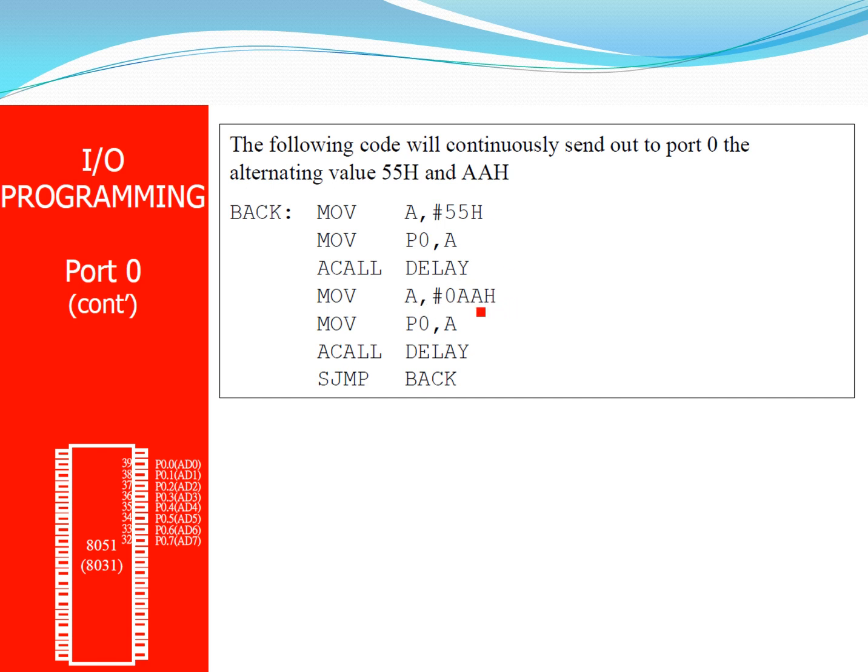The complement of the earlier value is AAH, so that is loaded to the accumulator, and then MOV P0, A sends the accumulator content to port 0. Then again call delay, and SJMP BACK. So BACK jumps to the very first instruction. That means it is continuously sending the alternating values 55H and AAH to port 0. So here port 0 is acting as an output port.